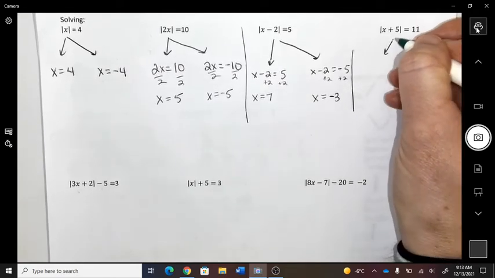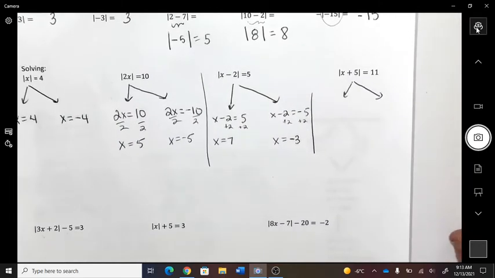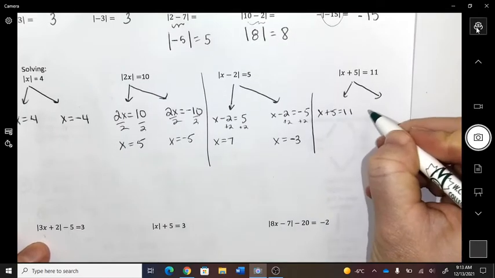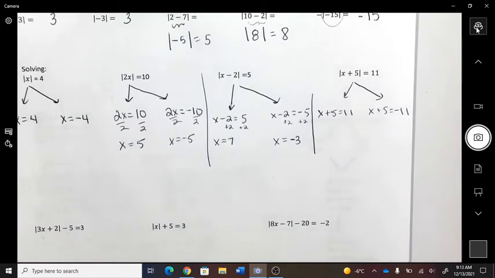Okay. Can you try this one on your own? So split it. Inside the bracket, you could have had this option or this option. Can you split the situation, saying the inside piece could be 11, or the inside piece could be negative 11.